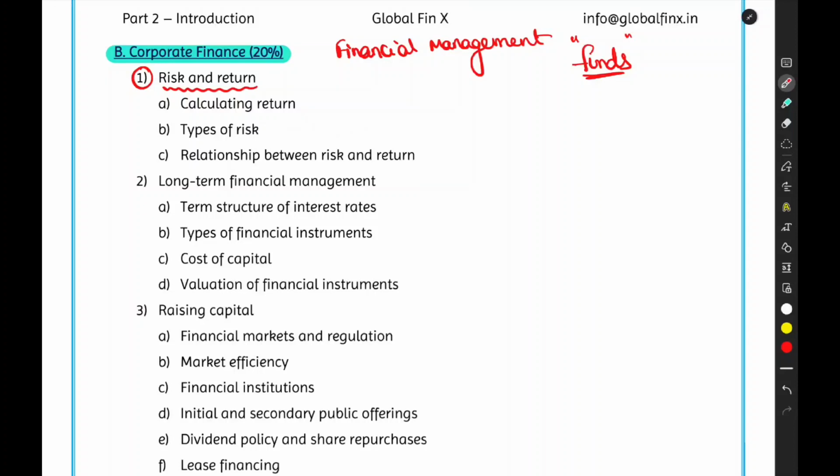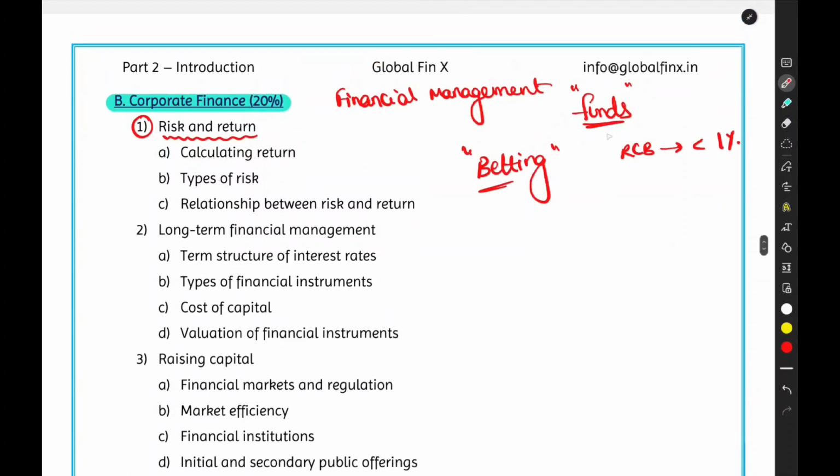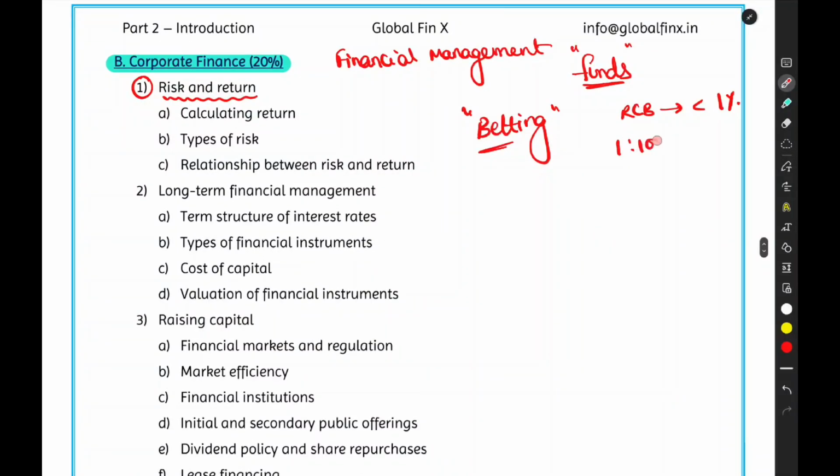If I'm talking about betting, I am not here to talk about law or ethics. In this particular example, I'm only focusing on making you understand the risk and return relationship. If there are IPL bettings going on and RCB's chance of going into qualifiers is less than 1%, the betting might be something like 1 is to 100, or 100x.